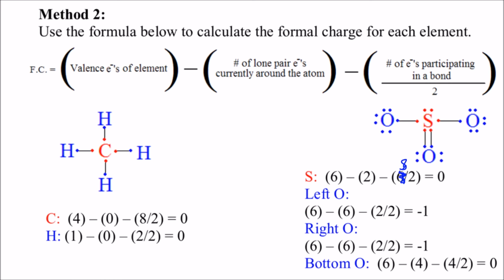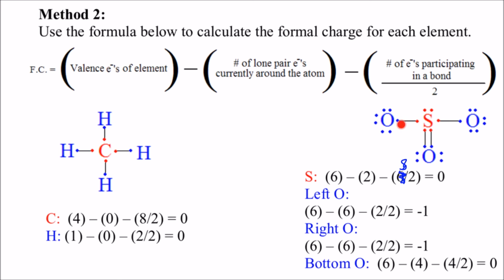Okay, now for the left oxygen, that's this one right here. The number of valence electrons that oxygen has, it's always 6, minus the number of lone pair electrons currently around that oxygen. That's 2, 4, 6. Minus the number of electrons participating in a bond divided by 2.